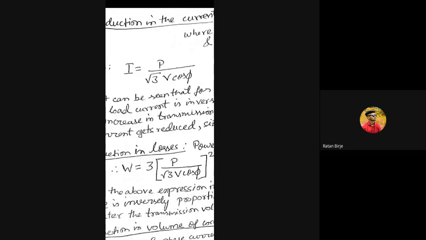From the formula itself, it is clear that current is inversely proportional to voltage. Yes or no? Yes, ma'am. So obviously, if current is inversely proportional to voltage, then if voltage increases, current will decrease.